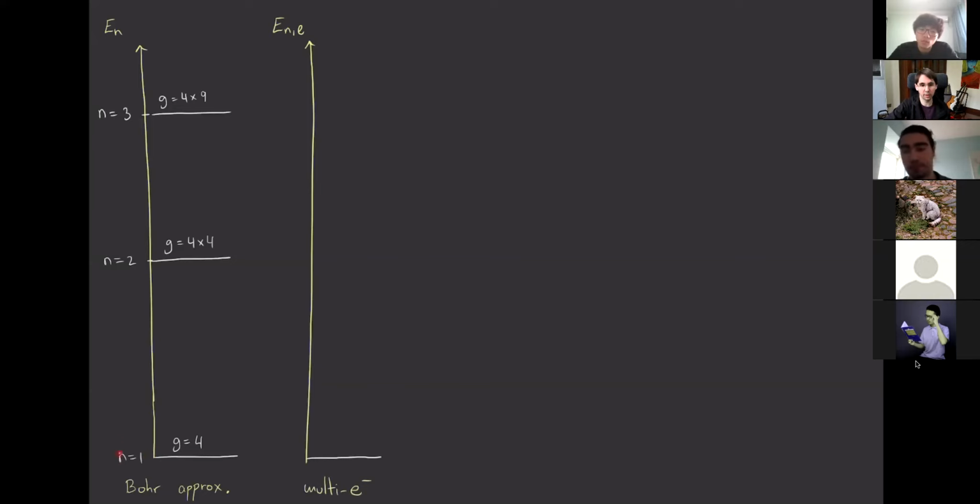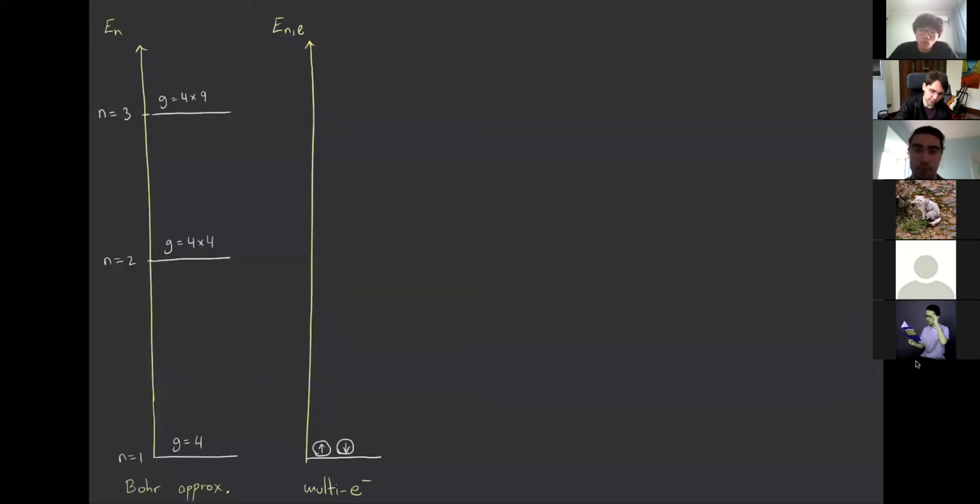The n = 1 level has orbital angular momentum only equal to 0, which means that you can only have 2 spin states for it. Those correspond to the 2 electrons which are happily in their closed shell. So those levels are occupied from now on.